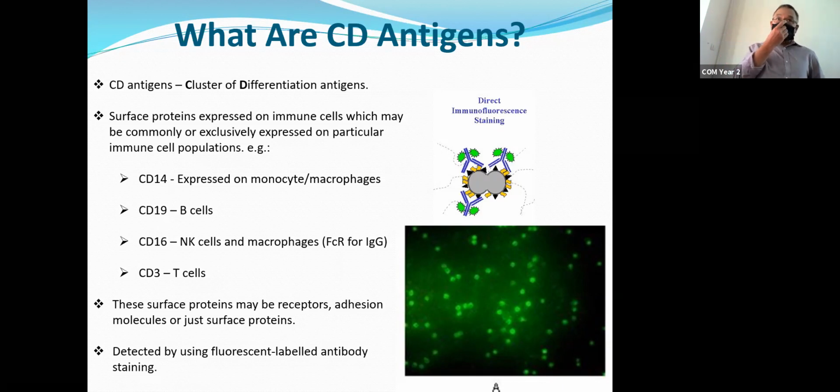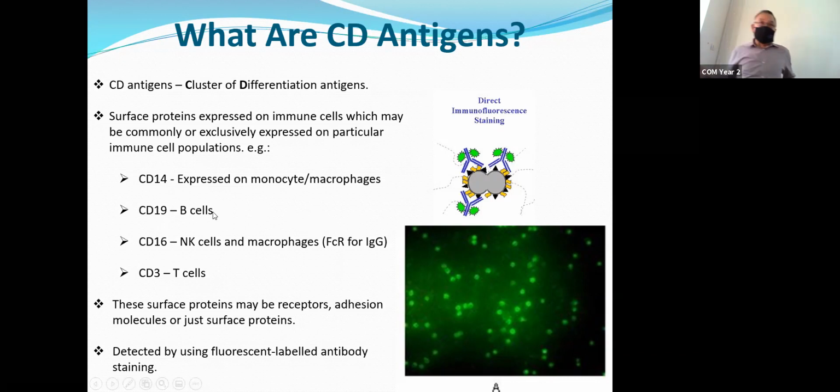For instance, CD14 is an accessory molecule to one of the toll-like receptors, TLR4, which recognizes LPS on gram-negative bacteria. So we use tagged antibodies against a collection of cells, and any macrophages there will bind these tagged antibodies through CD14, and in that way we can count the number of macrophages in our collection of blood cells.